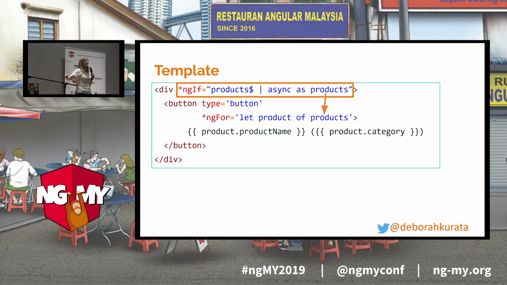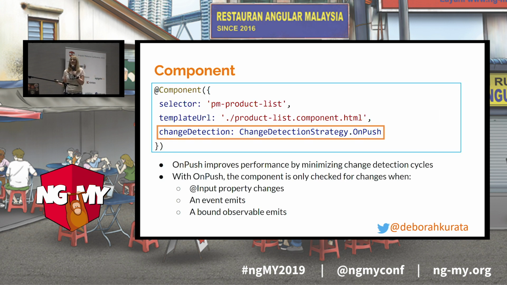Okay, so now that we can do this, we can start using onPush change detection. First of all, onPush improves performance by minimizing the change detection cycles. So you can get better performance, especially if you have a lot of elements on your UI, or if your UI is showing a lot of data. Now, if you're like me, we learned that you can only use onPush if you're working with child components, and they have input properties, and they're sending out event emitter style events.